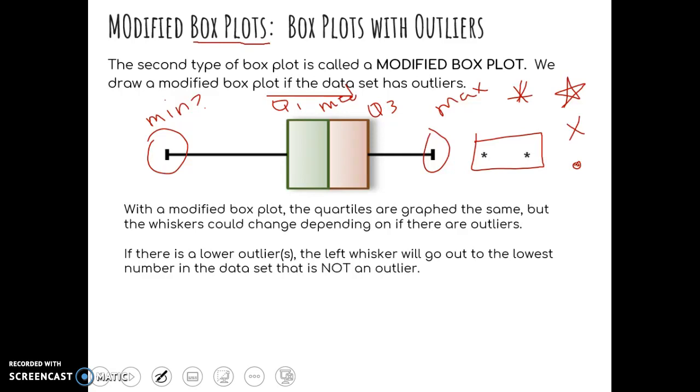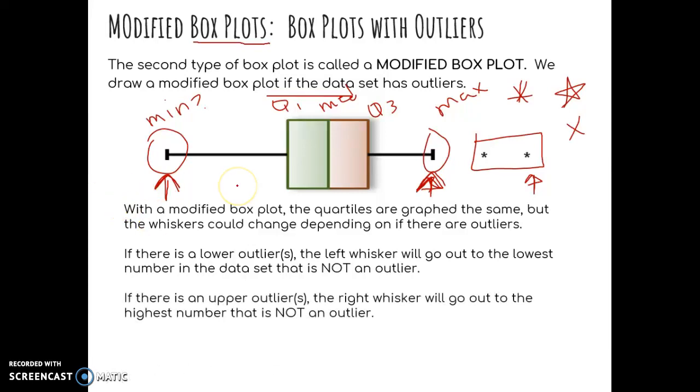And then, in this case, this number can't be the max because the max was an outlier and it's right here. So this number here is the highest number in the data set that is not an outlier. This number here is the lowest number in the data set that is not an outlier. Make sure you star the outliers.